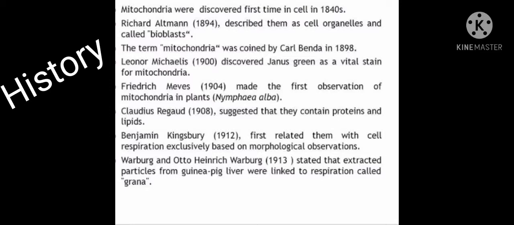Then Leonard Michaelis in the 19th century discovered Janus green as a vital stain for mitochondria. Then Frederick Mewes in 1904 made the first observation of mitochondria in plants. The name of the plant is Nymphaea alba.